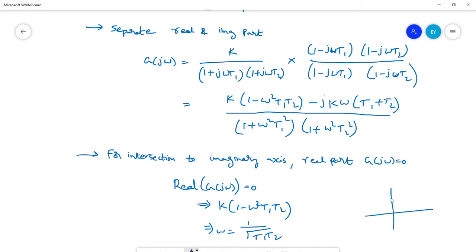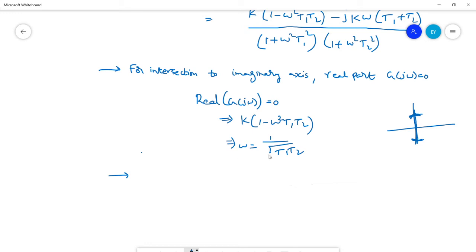So this is the imaginary axis. If you compute based on the t1 and t2 values, the plot will intersect somewhere here or here, based on these values t1 and t2.